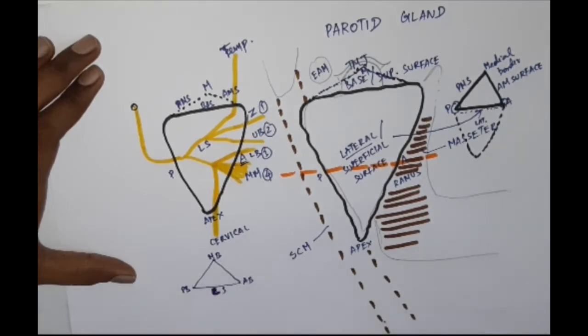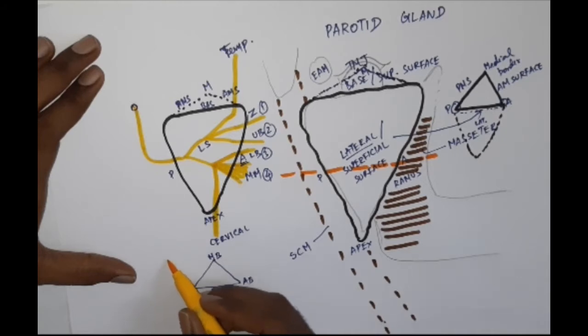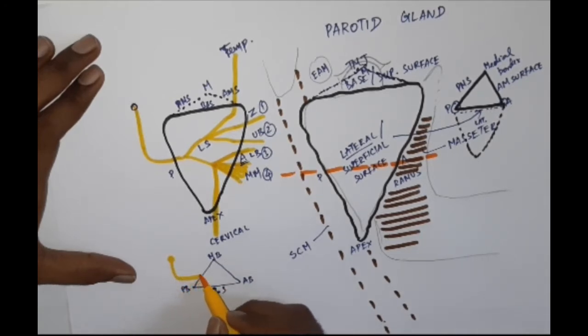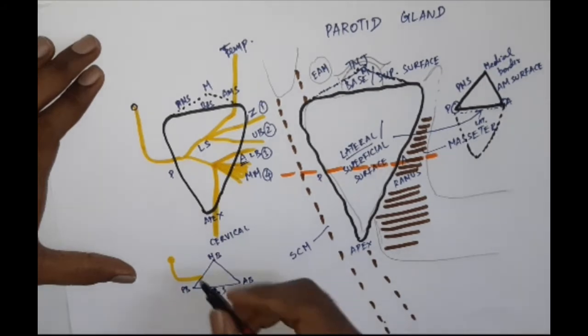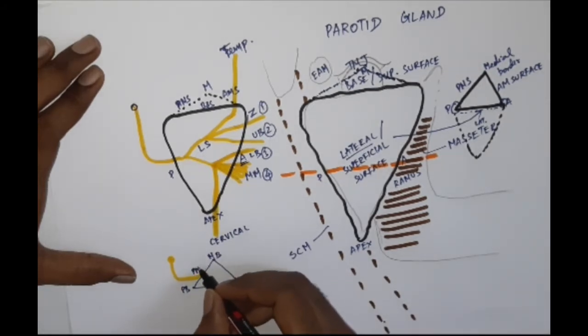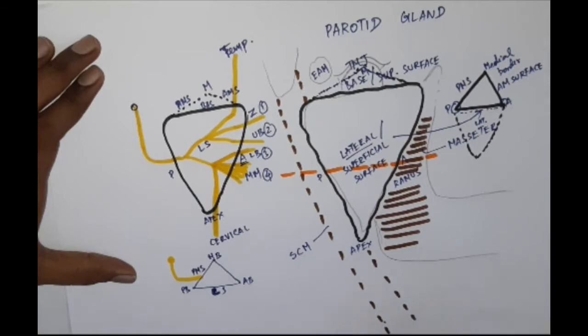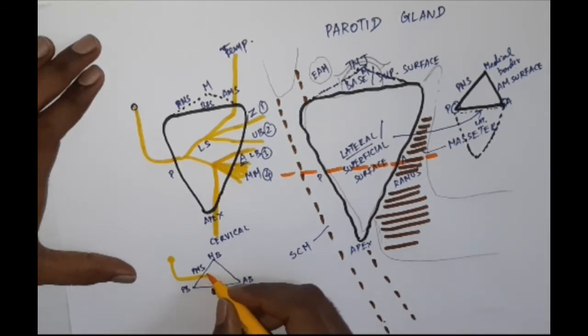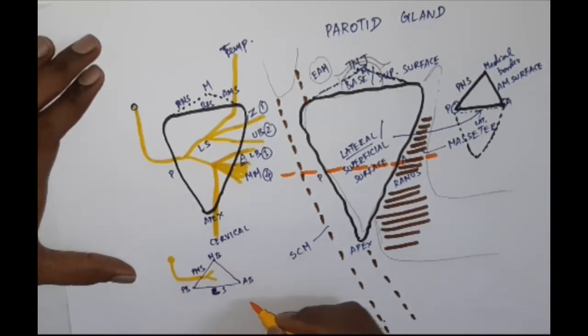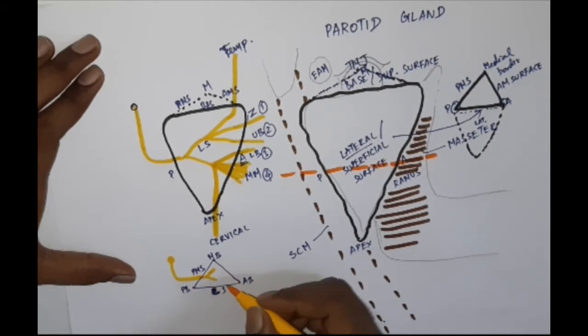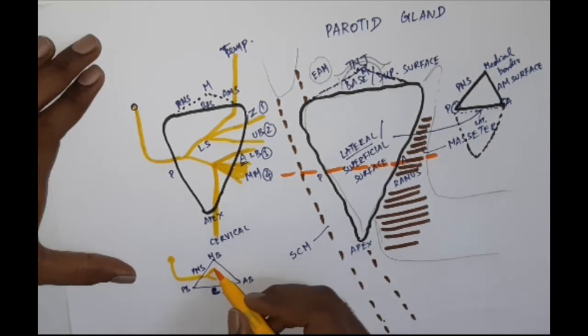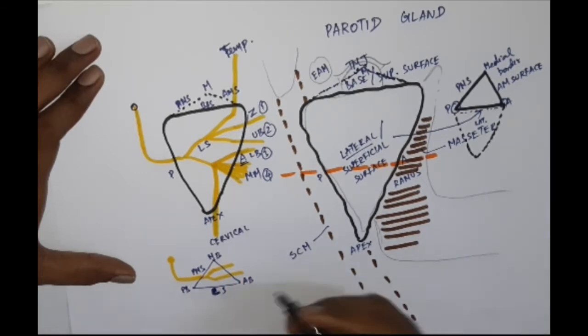So the nerve, which is actually coming from the stylomastoid foramen, it comes up, gets into the surface. What is this surface? Posterior medial surface. It passes through the posterior medial surface, divides into two branches, two trunks. The trunks again divide and they come out through the anteromedial surface.